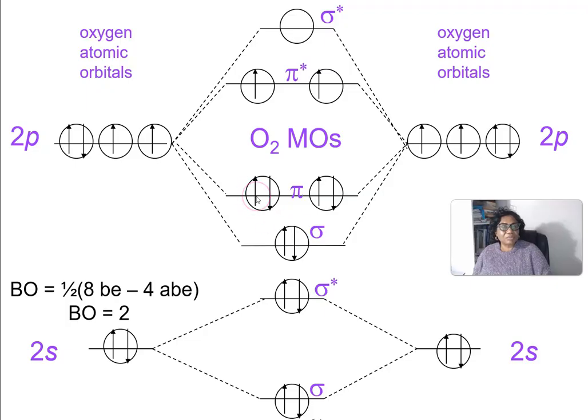We put 2 here, 8, 10. Then these ones are unpaired. And the bond order is 2. So it shows that there is bonding, and it shows that it's paramagnetic. The unpaired electrons show that oxygen is paramagnetic.